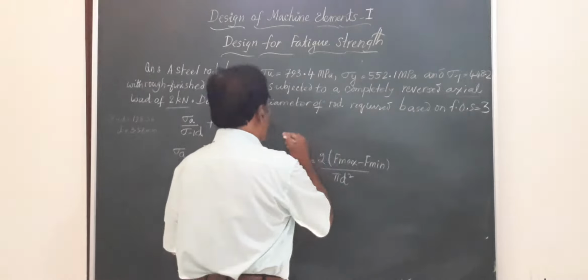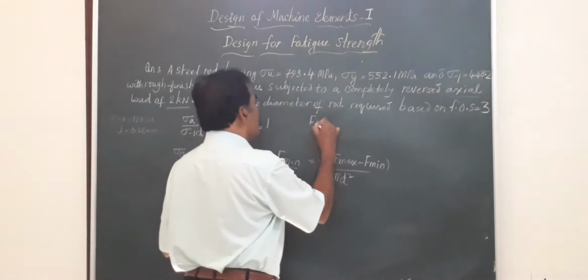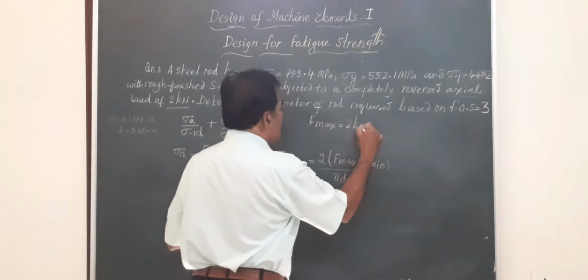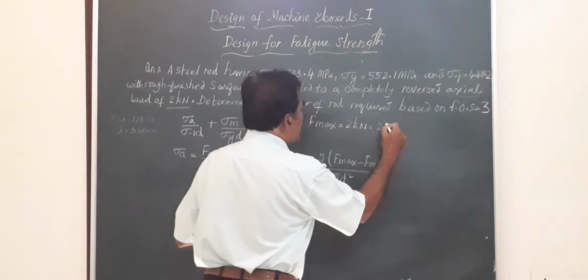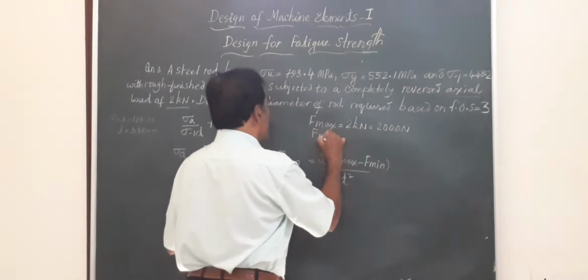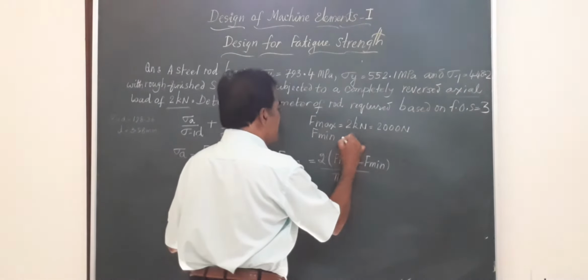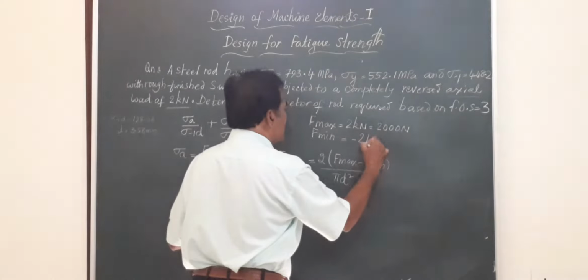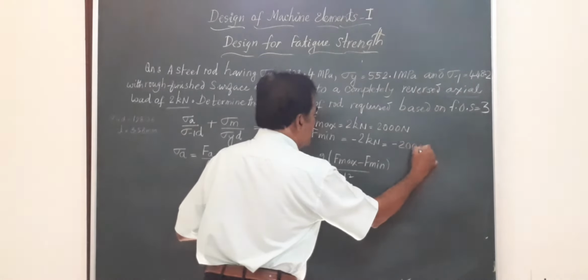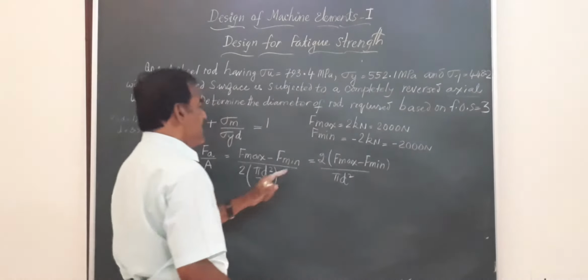Hence I will write here for this problem, F max is 2 kilonewton, which is equal to 2000 Newton, and F minimum will also have the same magnitude but with a negative sign, that is minus 2000 Newton. This is the meaning of this.